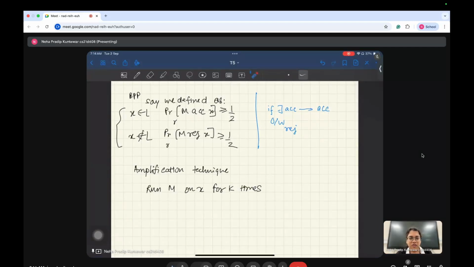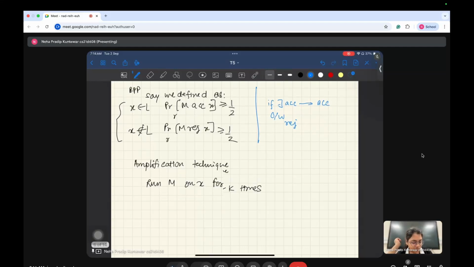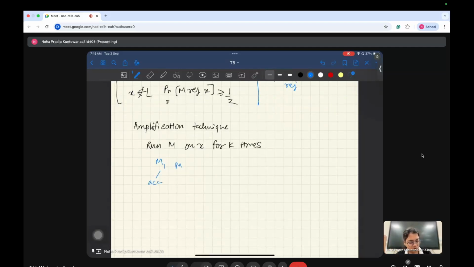The natural thing to do is that you run it k many times and take a majority of the outputs. So let's say M1 says accept, M2 says reject, M3 says accept, and so on, and Mk says accept.